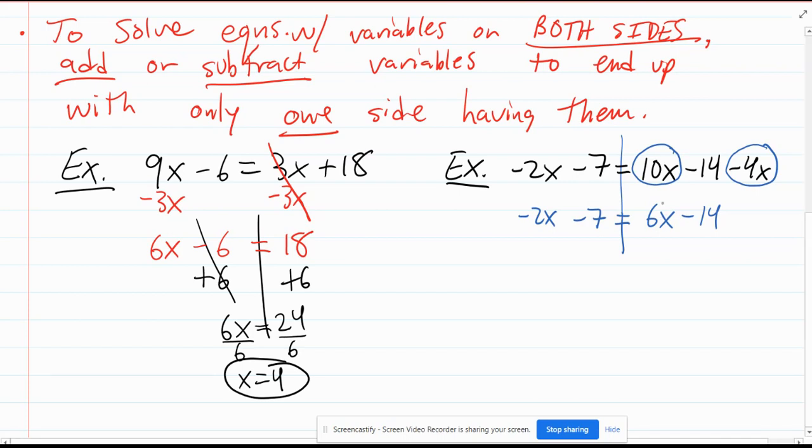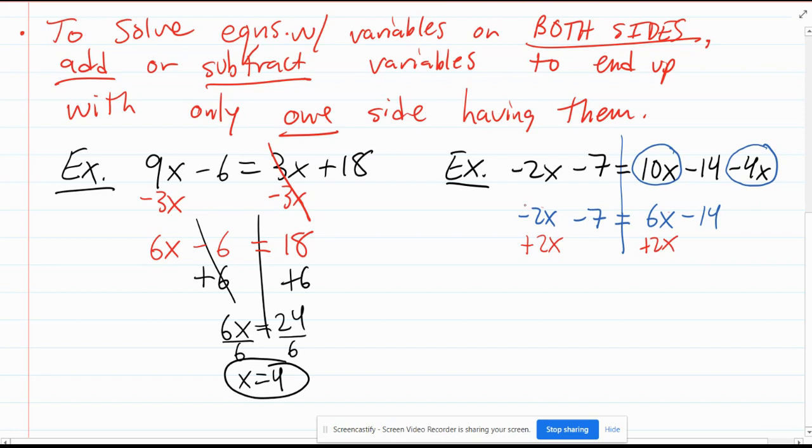Notice that we have 6 x's on the right and negative 2x on the left. So which side has more x's? 6x, the right, or negative 2x, the left? The right side has more x's. 6x is greater than negative 2x. So in fact, I could add 2 x's to both sides.